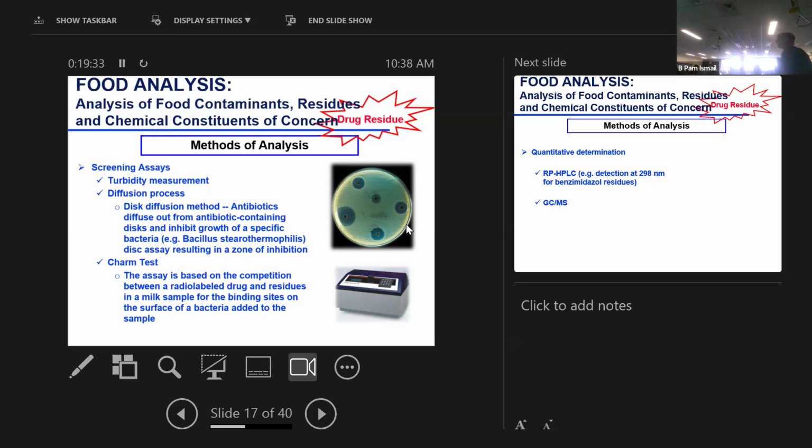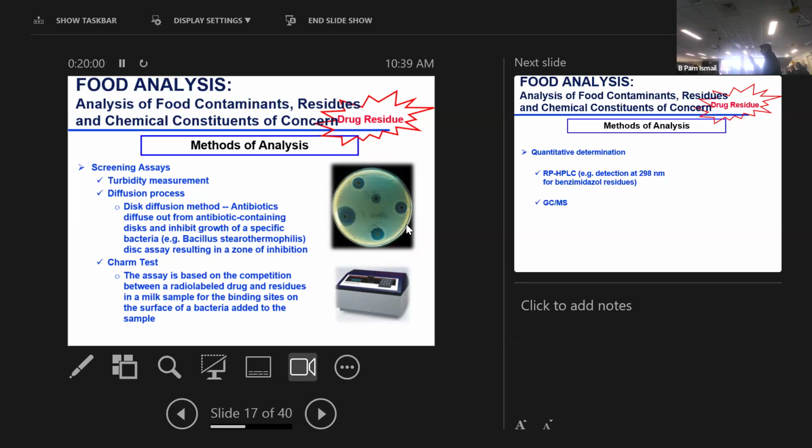The most common one is the charm test, which works like a competitive ELISA, where the same antibiotic you're suspecting to be present is radio-labeled. And then you put your milk sample and then some bacteria in there. So if you have the antibiotic, it will react with the bacteria.